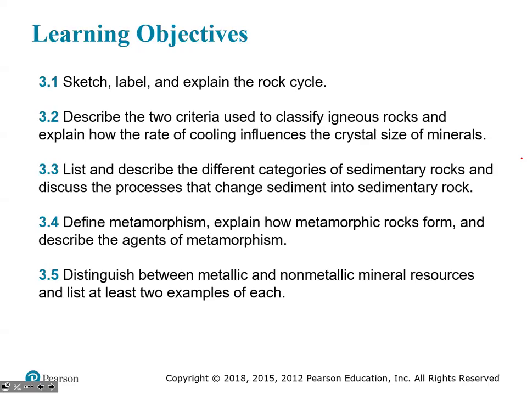So we'll go over what a sedimentary rock is and how they form. We'll define metamorphism. We'll explain how metamorphic rocks form and describe the agents of metamorphism, the things that cause metamorphism. We'll distinguish between metallic and non-metallic mineral resources, and we'll look at various examples of each.